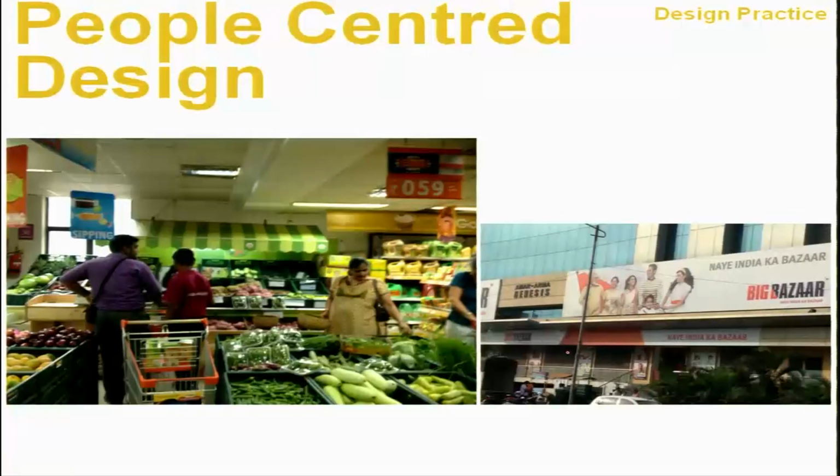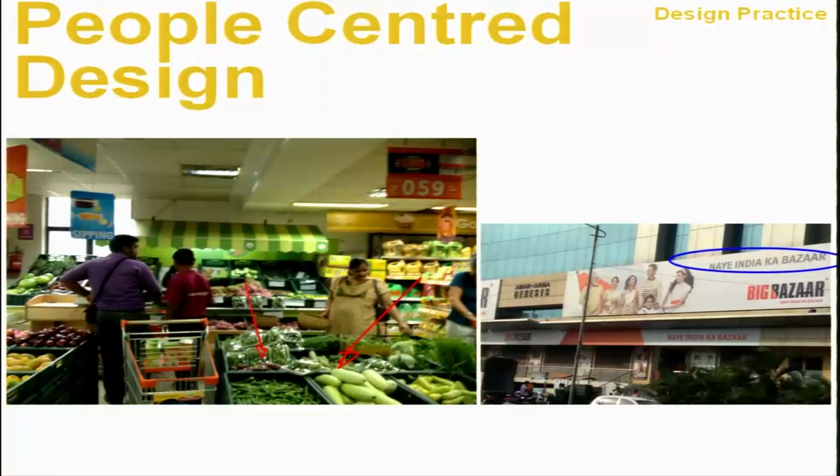In fact, the new catch line of Big Bazaar says "Naye India ka Bazaar," resembling the Indian marketplace. This is a vegetable section of Big Bazaar, and you can see how nicely, as generally happens in a normal vegetable market, things have been put in place so that organized chaos can attract consumers and make them feel at home, and they don't really mind paying a little extra for the additional facilities available over and above this organized chaos.